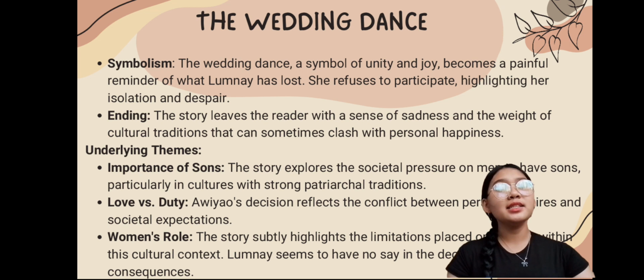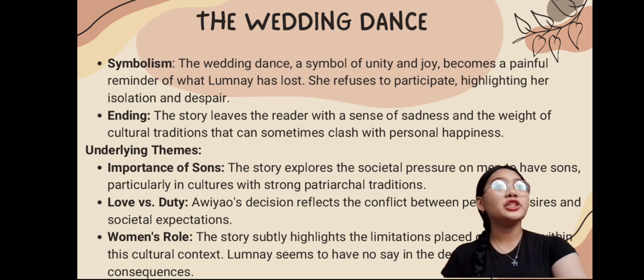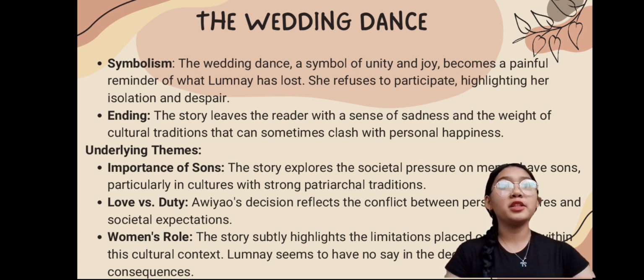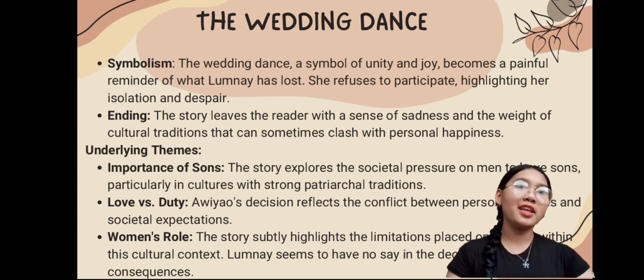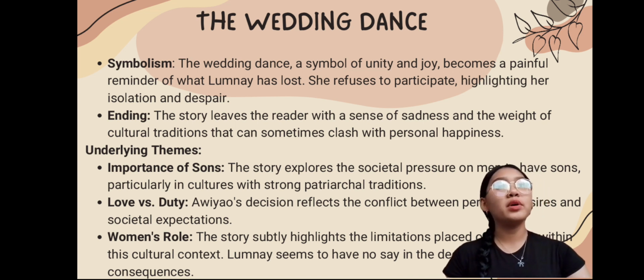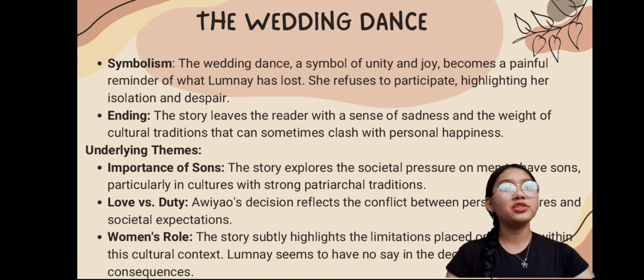So, next is the symbolism. So, the decision is torn between love and societal expectations. Awiyao takes a difficult decision. He marries another woman in hopes of having a son. Lumnay's heartache: Lumnay is heartbroken by Awiyao's second marriage.